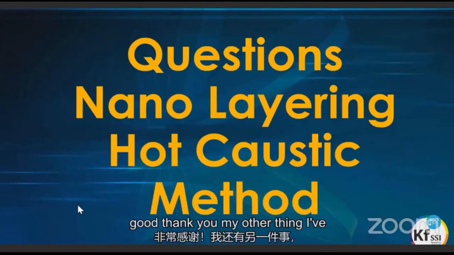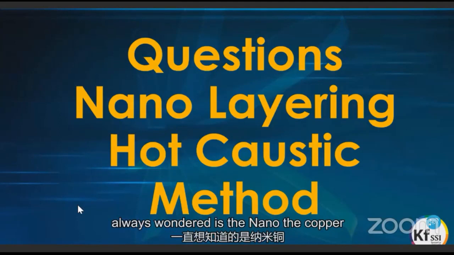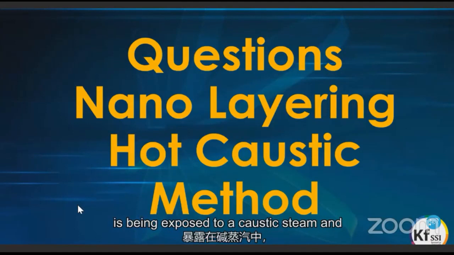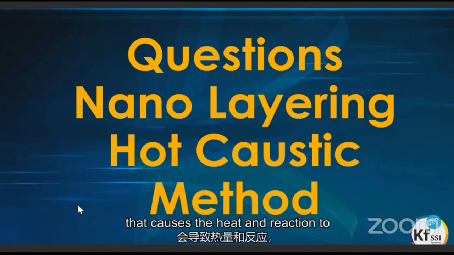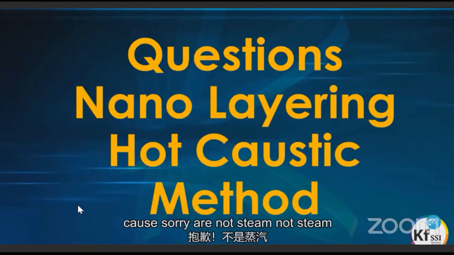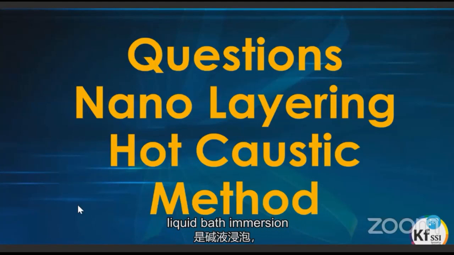Very good, thank you. My other thing I've always wondered is the copper is being exposed to a caustic steam, and that causes the heat and the reaction to cause this. Sorry, not steam, liquid bath, immersion.